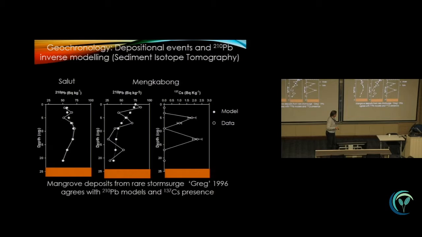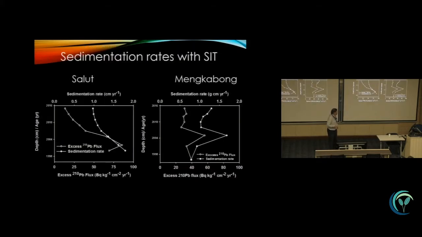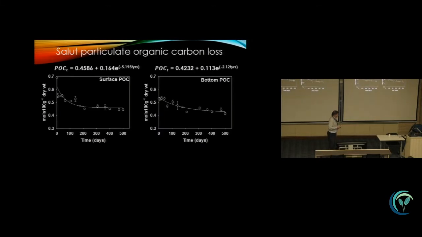We also discovered there from a rare cyclone, which confirmed the whole thing, Cyclone Greg, produced a mangrove layer. We put it all together and we see the rates of sedimentation different in the two systems for different reasons. One is an event, one is basically maybe a loss of the density of the seagrass, inability to capture any more system. And then finally we got the degradation.